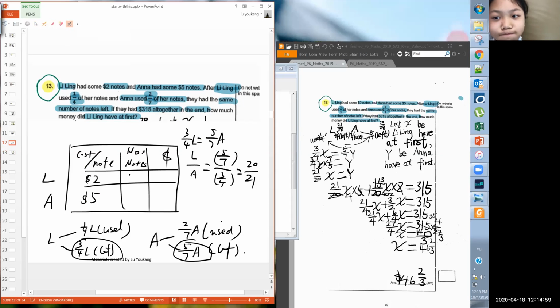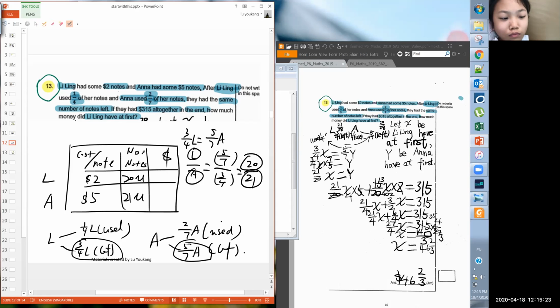Okay, so with this 20 over 21, now all you need to do is this. So the number of notes for L is 20, right? For A is 21. So that means if my L is 20U, this will be 21U, right? At the start, 刚开始. Okay, so now what it says, if they had 315 all together in the end.